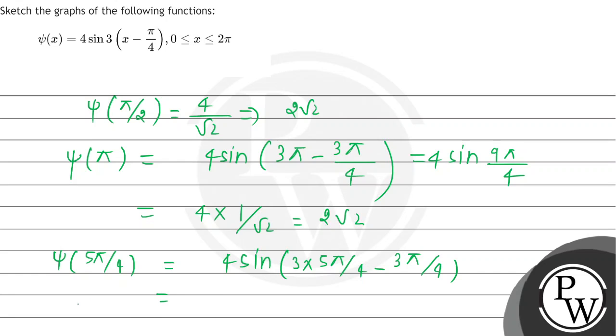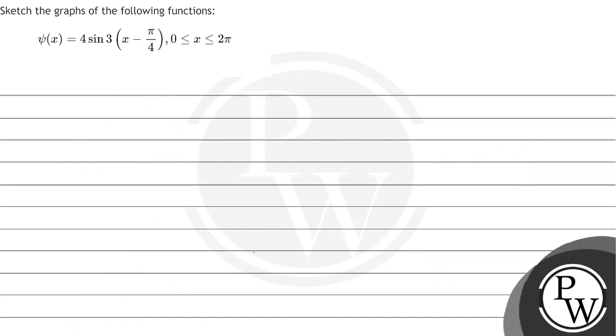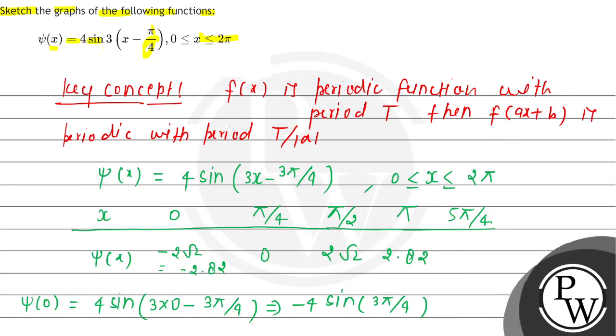So once we solve this, then we'll get 0. Value at 5 pi by 4 will be equal to 0, and then now we'll put the 2 pi here because we have to check at 0 to 2 pi value only.